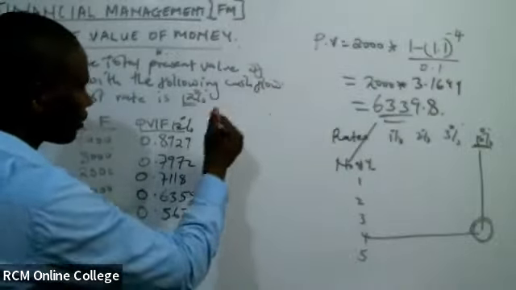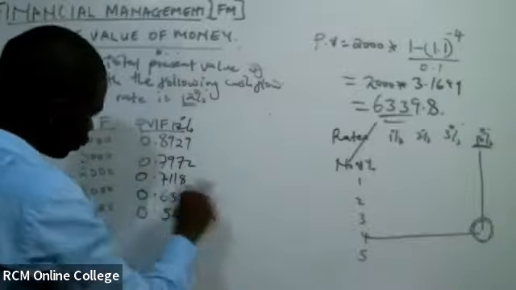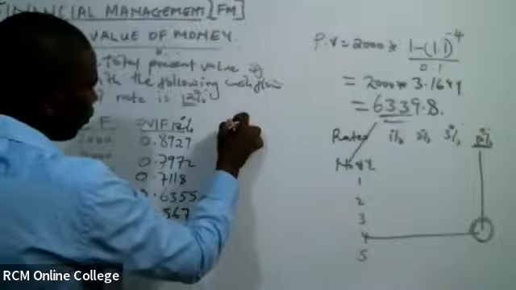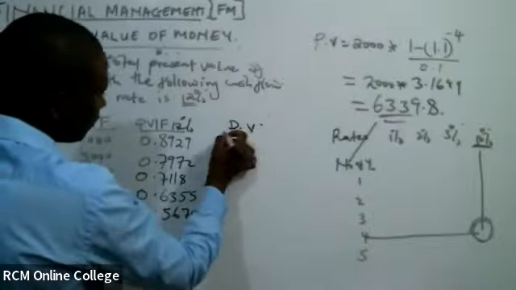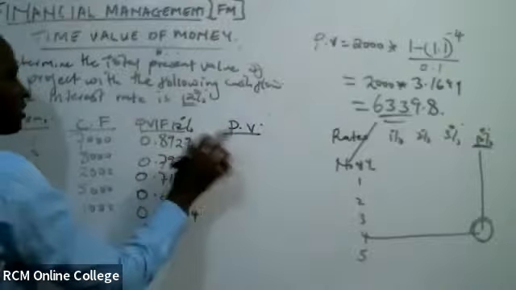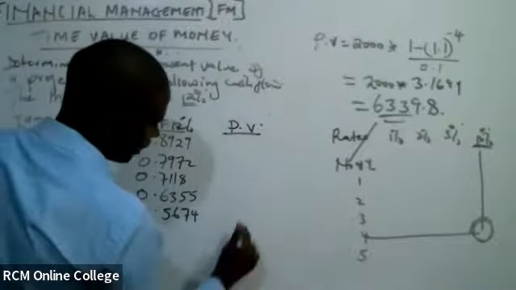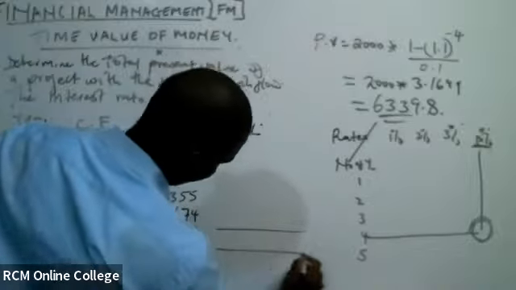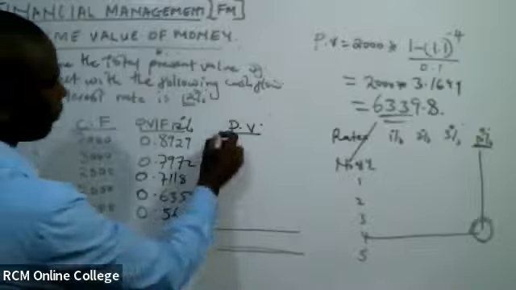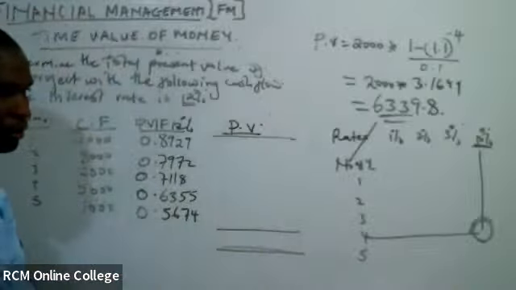Regular ni direct, hiyo haina maneno. Hii nayo lazima uangalie each. So the discounted cash flow or the present value, you just take these times this, like that. We get all of them, and we add. The total present value will be the summation over all of them. So give me the first one.